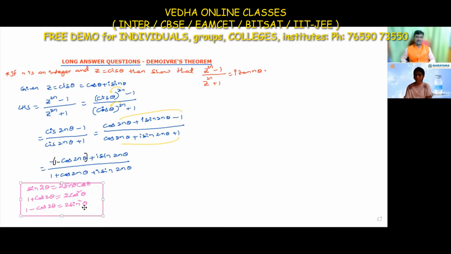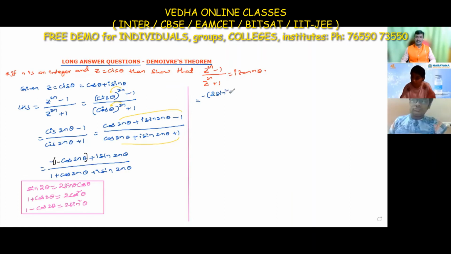So just apply these. If you apply this, the numerator is minus of (1 minus cos 2 theta), which is 2 sin square theta.